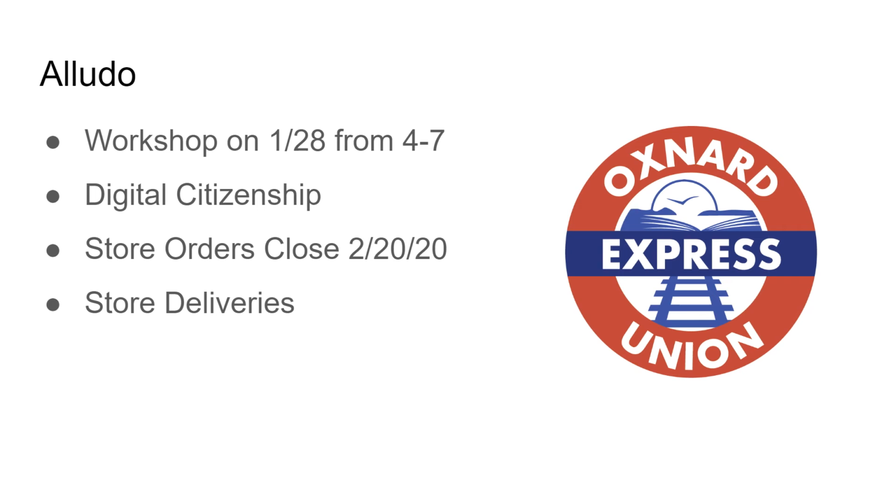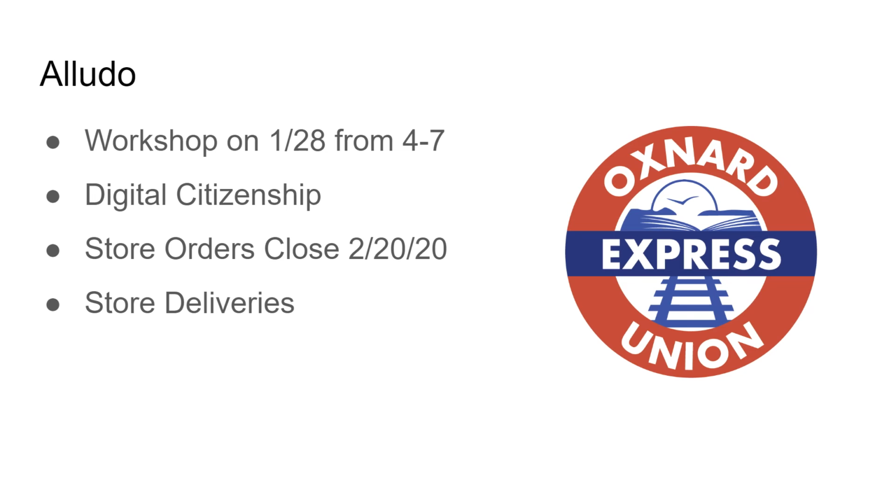Purchasing deadline is February 20th, which means in the Alludo store, you will need to get your store items in before that. I will be checking it around then and trying to get all those orders in before the 20th so that we can get those items to you.